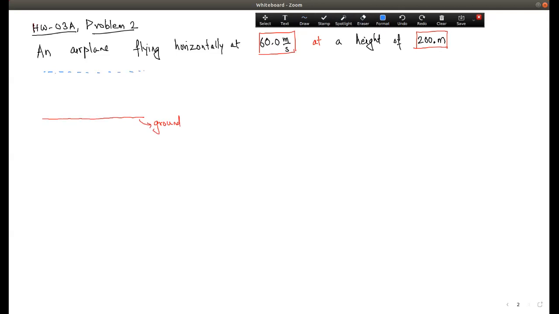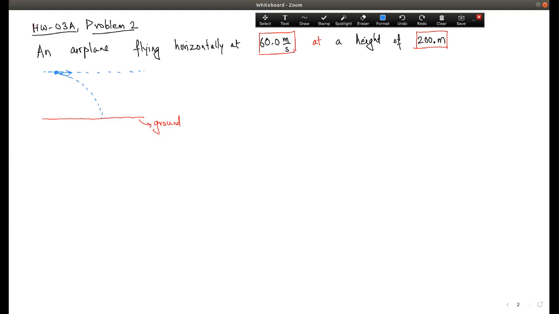And somewhere here is our aeroplane. This will keep moving in that direction. But our package will be dropped from the aeroplane and it will move in that direction like this.